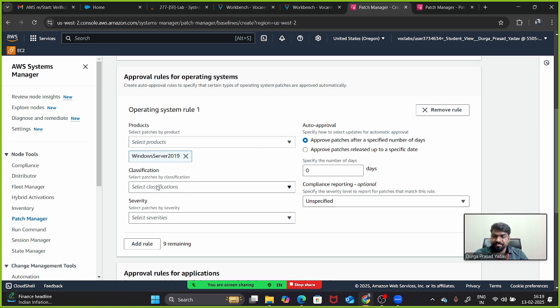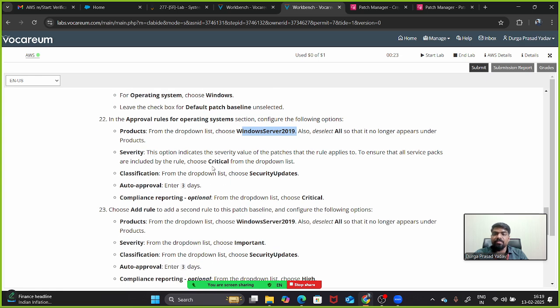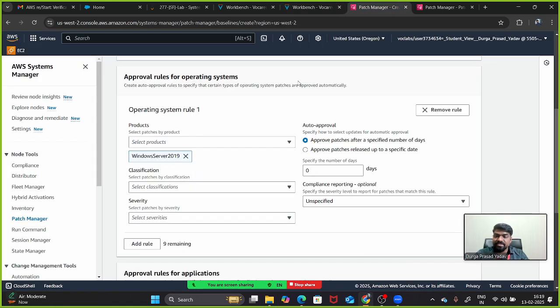Now I'm telling what the severity is. Severity means critical. These options indicate the severity value of the patches that the rule applies to. It means that it will ensure that all the service packs are included by the rule. You will be checking critical, meaning it can be the critical updates.